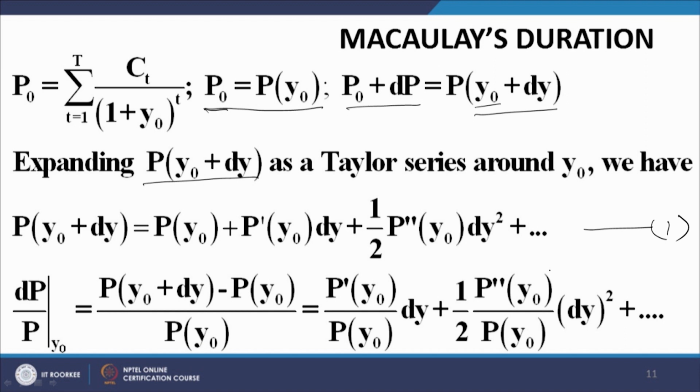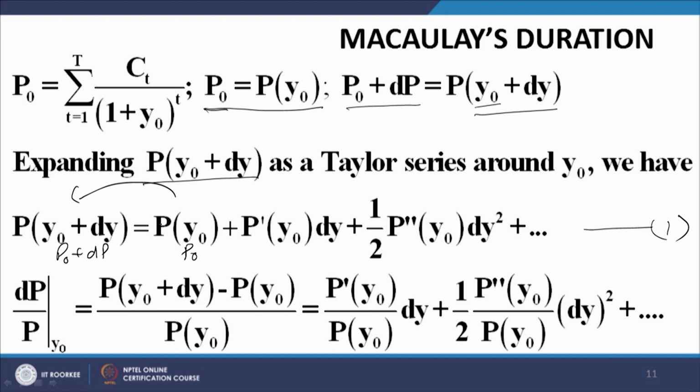Now, if we simplify equation number 1 a little bit and write it in terms of the percentage price, we divide throughout by P0 and take the expression P of Y0 to the left. Please note, P of Y0 plus dy is nothing but P0 plus dP, and this is P0.